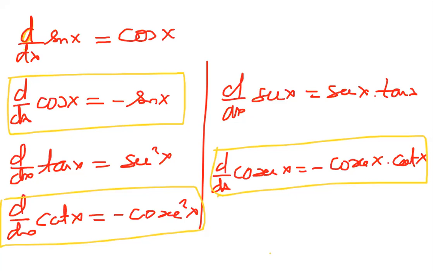Now, differentiation of e to the power x. It will be e to power x. Hope with the first principle we have done this, you remember. Differentiation of e to power x will be e to power x.